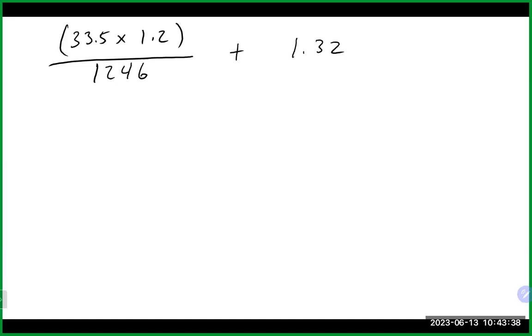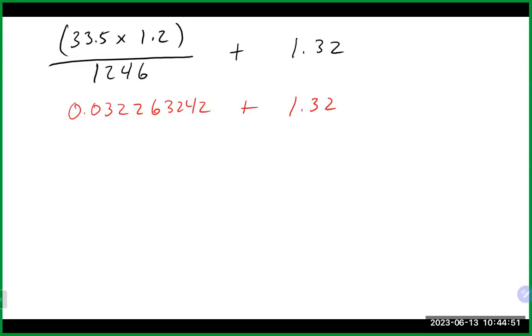Let's see. Okay, so let's just do the math part first. So we go in our calculator, 3.5 times 1.2 divided by 1246. We get the answer for the left part here, 0.032263242, plus 1.32.